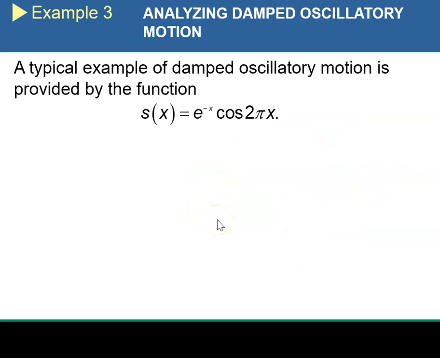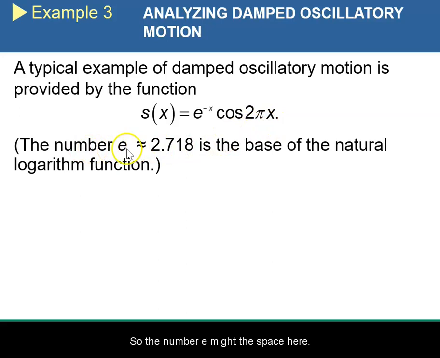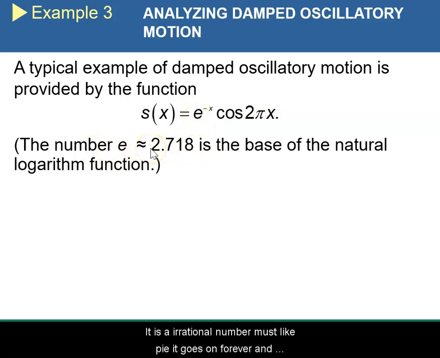Okay. So a typical example of damped oscillatory motion is provided by the following function. Let's say s of x equals e to the negative x times cosine 2 pi x. Okay, that would be an example. So the number e, this base here, is an irrational number, much like pi. It goes on forever.